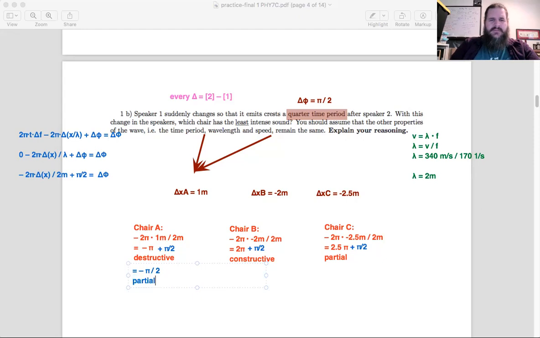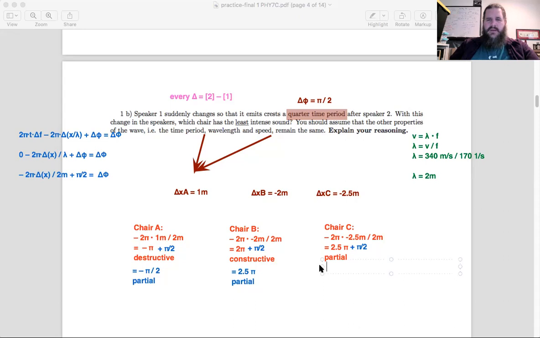Yeah, that'll be partial. And then chair B, 2 pi plus pi over 2 would become 2.5 pi, and that's also partial.